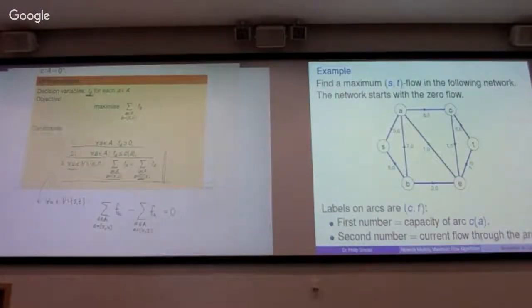That's just rewriting the third constraint so that we would have all the decision variables on the left and all the constants on the right, and there's only 0.